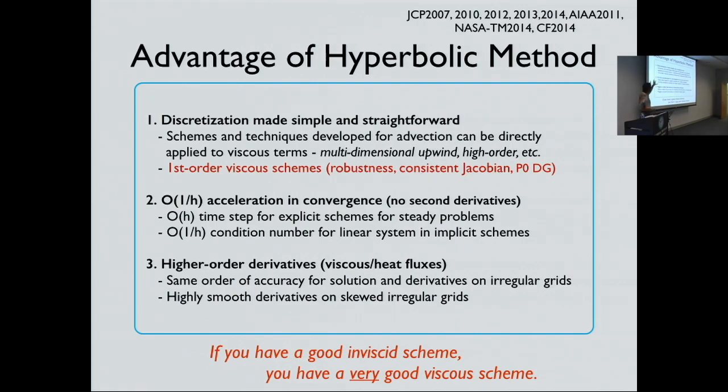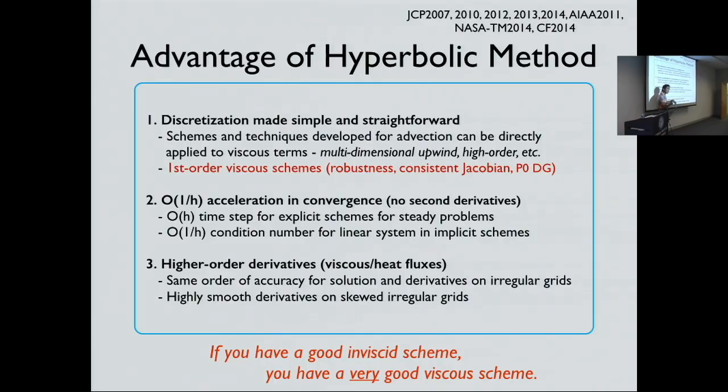But this first order viscous scheme makes sense for the hyperbolic system, because viscous stresses and heat fluxes are variables. And we obtain primitive variables and these derivatives to the same order. And for robustness, like in implicit schemes, whenever you have a problem, you turn off the gradient and go back to first order upwind. That is found to be very robust. You can do the same for the viscous term if you need.